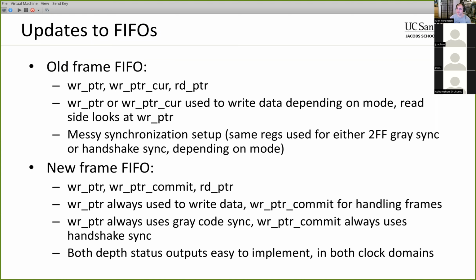With both of these paths available, now it's possible to implement both depth status signals in both clock domains. So both the source and the sync clock domain will output the current approximate FIFO depth, both for just raw data and for the committed data. So that change has been made.